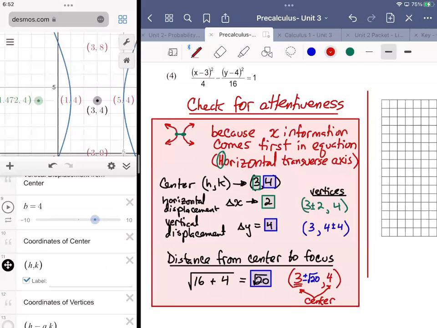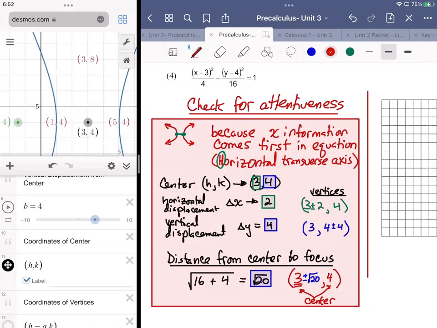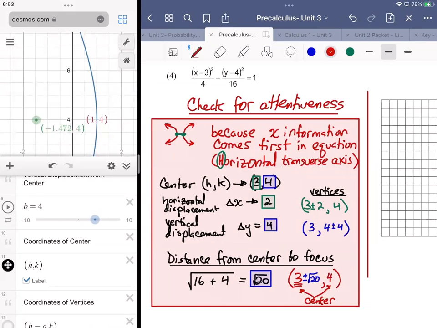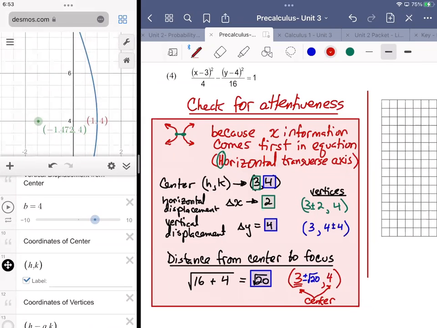But if you zoom appropriately, just kind of go neighborhood by neighborhood, you get all the relevant pieces, right? So I have a focus value of about negative 1.472, a coordinate of a vertex at 1, 4, right? That's what I would get in this computation if I did 3 minus 2. 3 minus 2 is 1, 1, 4, right?